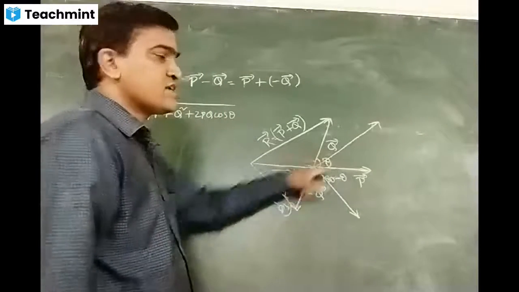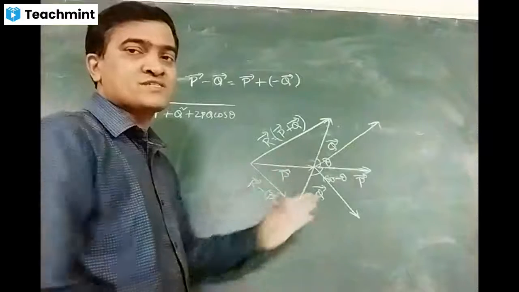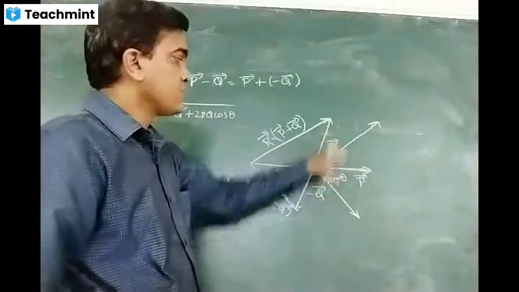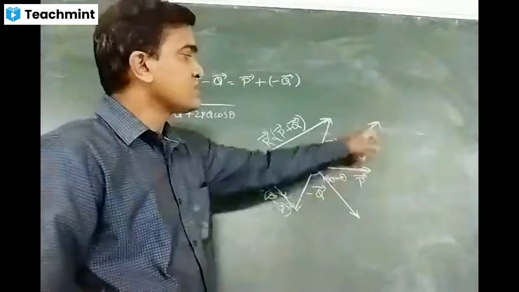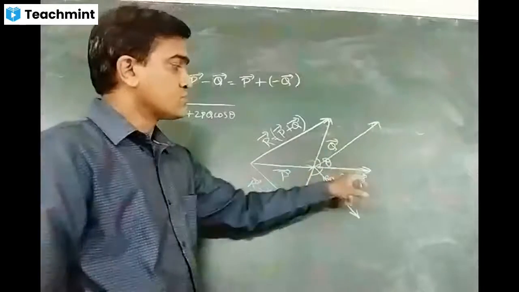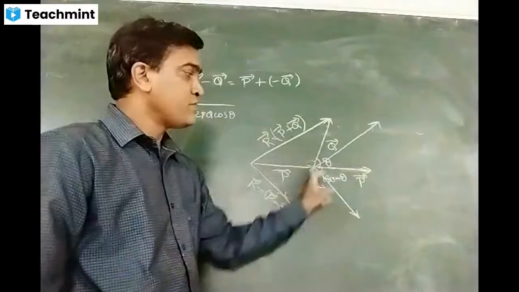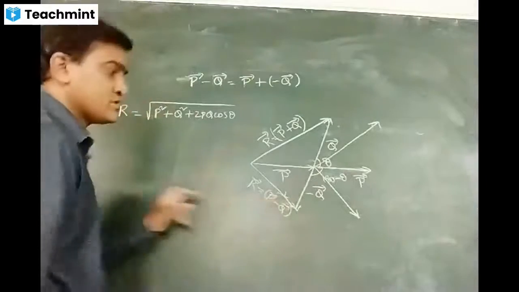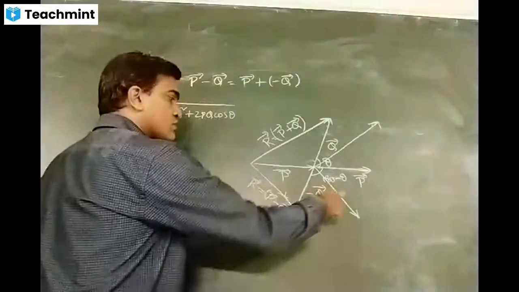For two adjacent sides of a parallelogram, the resultant always lies between the two vectors. See here, p bar and q bar: the resultant lies between p bar and q bar. Here also, this resultant should lie between p bar and minus q bar.